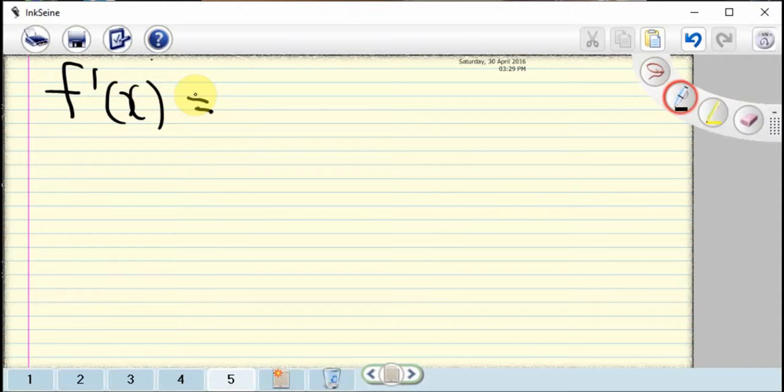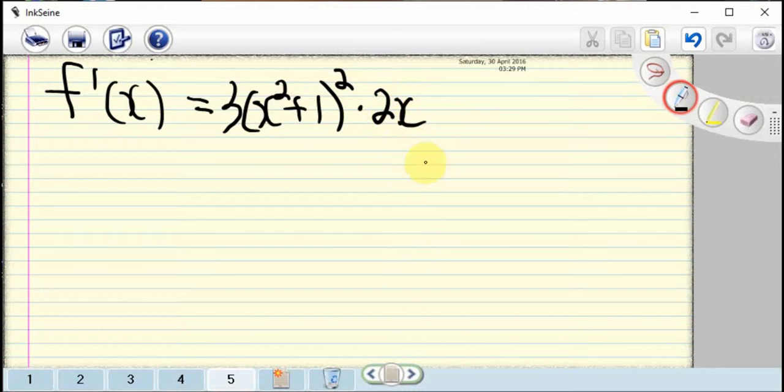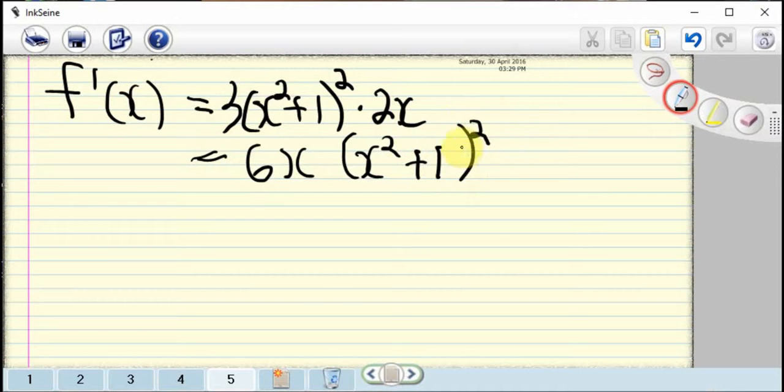So that is going to be 3 times x squared plus 1 squared multiplied by the derivative of what is inside. And we can clean that up to be 6x multiplied by x squared plus 1 all squared.